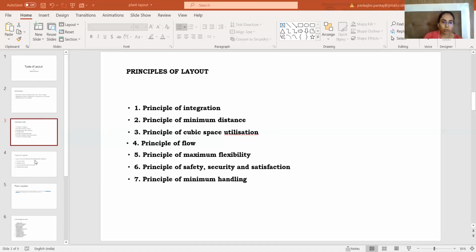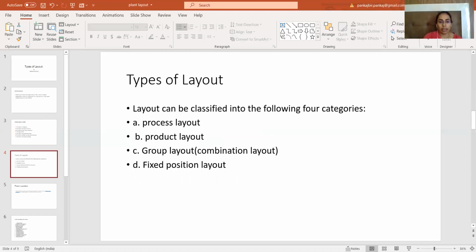Now we move on to the types of plant layout. There are basically four types of plant layout. First is known as process layout, second is product layout, third is combination or group layout, and fourth is fixed position layout.